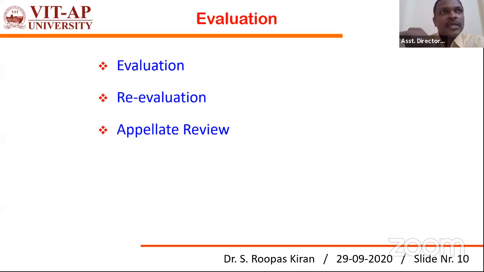Then a new, additional evaluator will check your paper and evaluate it independently. The final marks, whatever the additional evaluator gives, will be final. It can be higher or lower also. Whatever it is, the marks given by the additional evaluator will be final. That is appellate review.